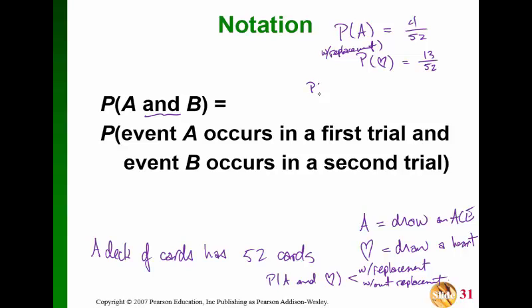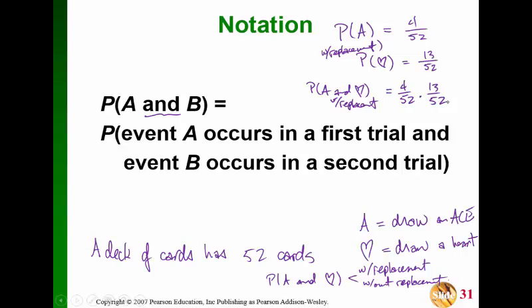So the probability that we select an ace and a heart with replacement should equal 4 out of 52 times 13 out of 52. We can punch this in the calculator and get some number, but I'll just leave it like this.